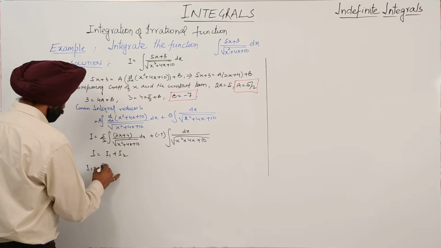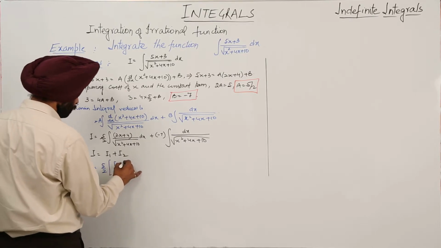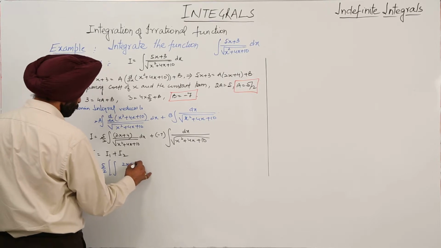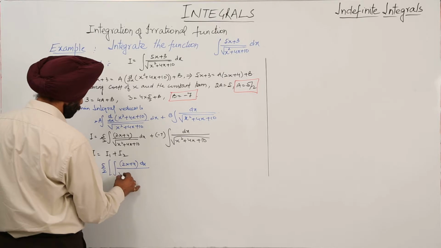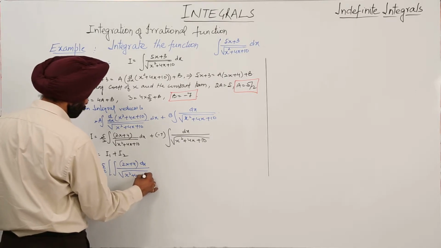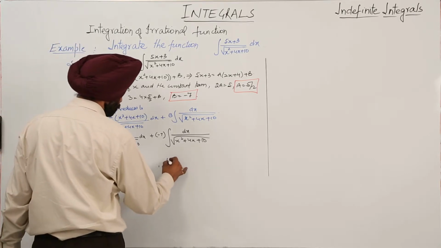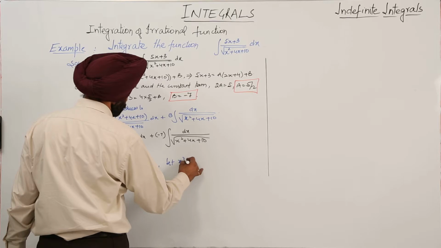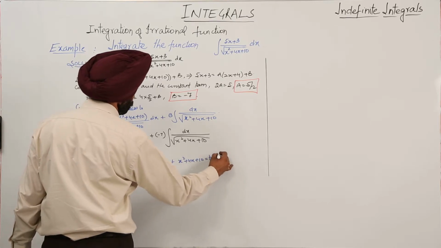Now I1 is equal to 5 by 2 integration of (2x + 4) dx upon square root of (x square + 4x + 10). Now let x square + 4x + 10 is equal to t.